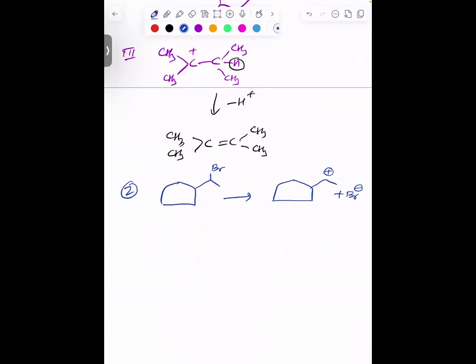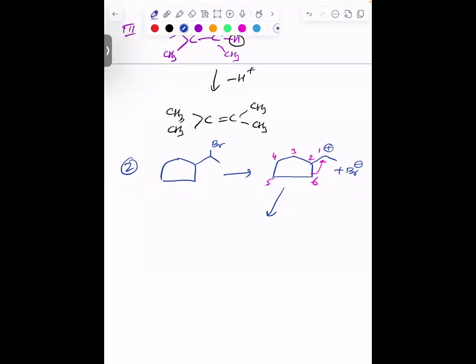If at the alpha position of the ring a carbocation center is formed, then it may undergo rearrangement to form a more stable carbocation. So what rearrangement will happen here? Ring expansion. So 1, 2, 3, 4, 5 and 6.